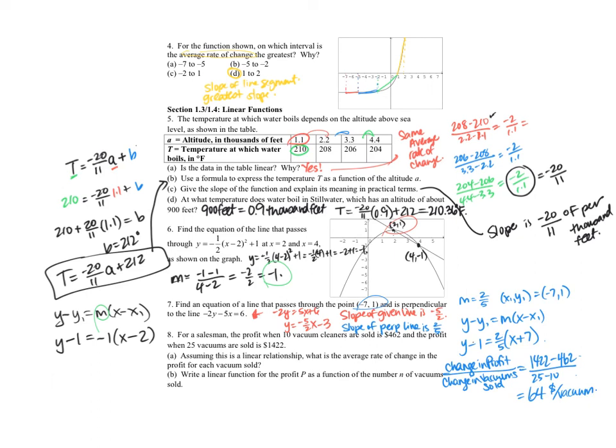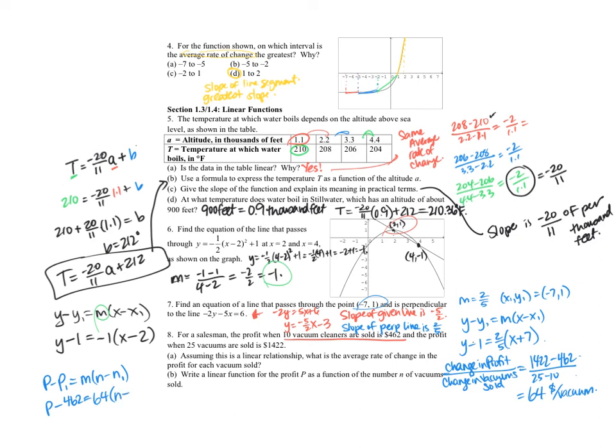All right, and then write a linear function for the profit P as a function of the number of vacuums that are sold. And so again, I can say P minus P1 equals m times n minus n1. And I can just use one of my values there. So I can do P minus, and I'm just going to use this first value. When 10 vacuum cleaners are sold, the profit is 462. So I'm going to use the 462 for my P1, and then my slope again is 64, and then n minus n1.